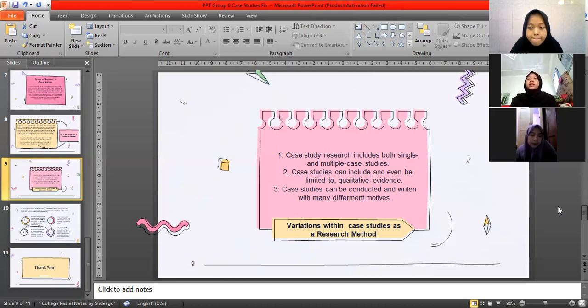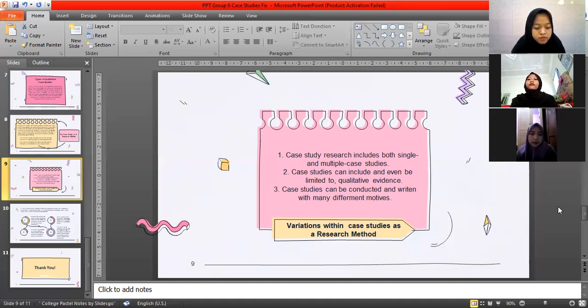In addition, case studies need not always include the direct and detailed observational evidence marked by other forms of qualitative research. The third is case studies can be conducted and written with many different motives.